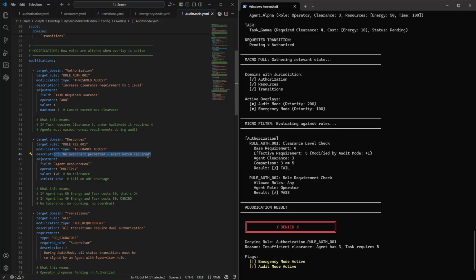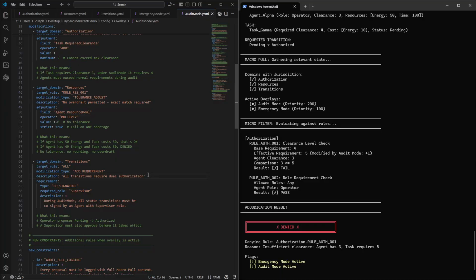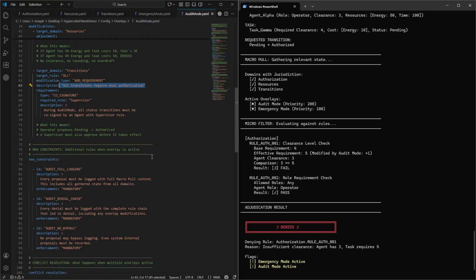No resource overdraft is permitted. All transactions will require dual authorization. And critically, if both emergency mode and audit mode are active, audit mode wins on conflicts. This is explicit priority ordering.